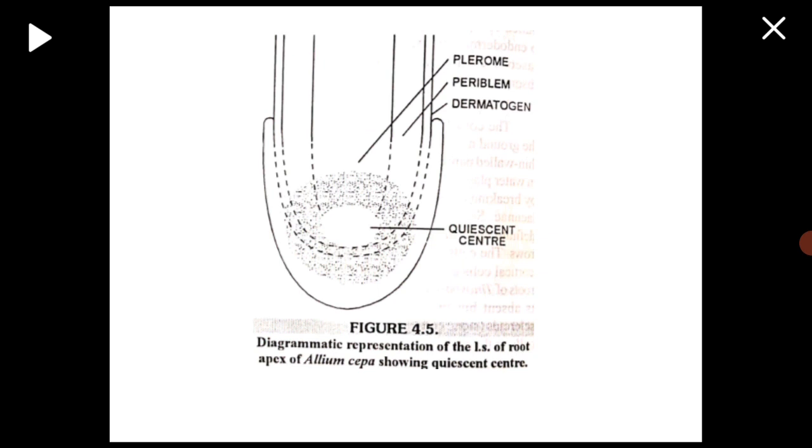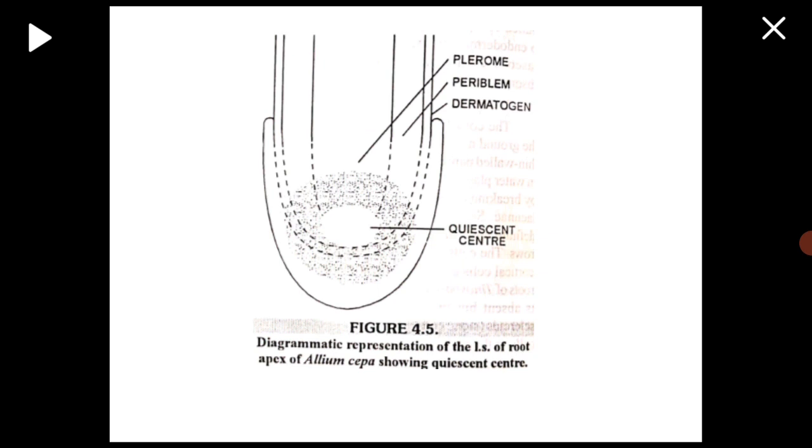Since then, the presence of quiescent center has been reported in many other plants, for example Vicia faba. This zone contains several hundred cells which are characterized by having lower concentration of DNA, RNA, and protein. These cells also contain fewer mitochondria, less endoplasmic reticulum, and small dictyosomes.